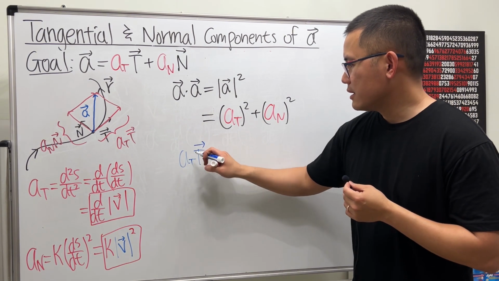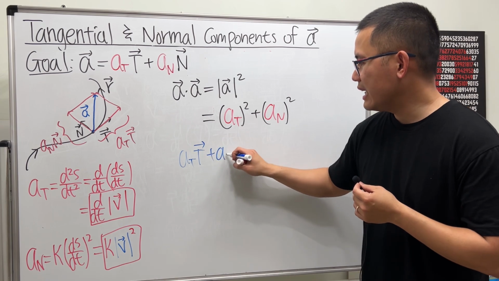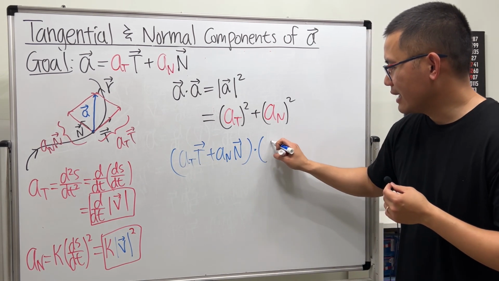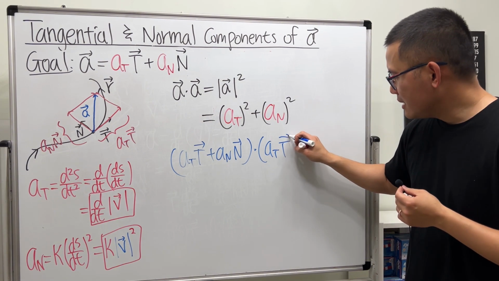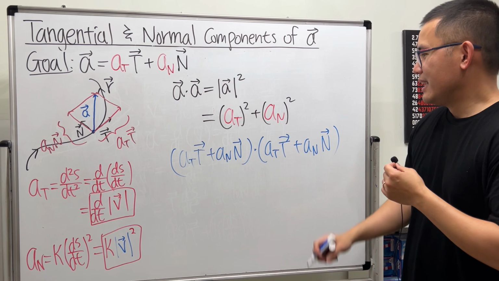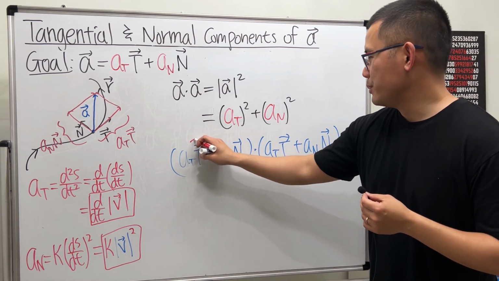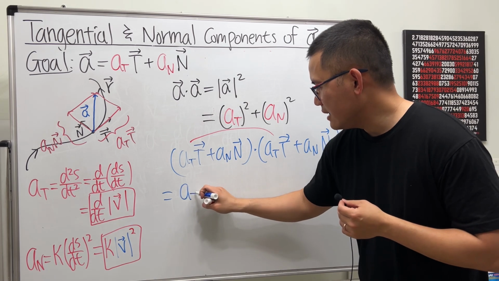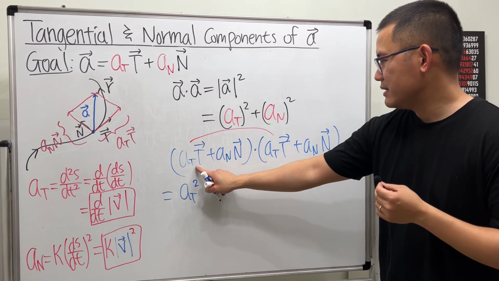So AT T plus AN N, and then if you dot this with itself, AT T plus AN N. All right, so I'm going to just distribute like this, right? So as you can see, we get AT times AT, and that's AT squared. And then we will have this dot this.